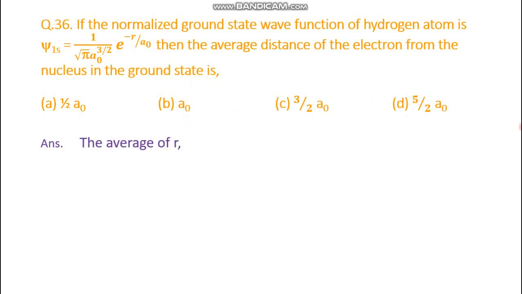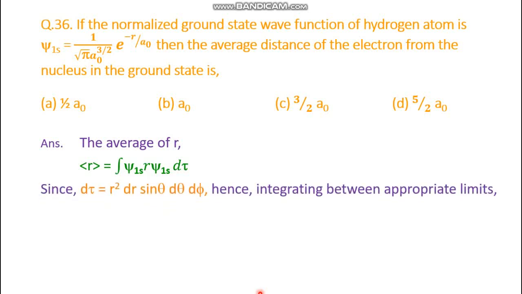The average of r, according to the fourth postulate of quantum mechanics, is the integration of psi r psi d tau. Here psi is psi of 1s, so psi 1s, r, psi 1s, d tau. And this d tau, if converted into polar coordinates, can be written as r squared dr sine theta d theta d phi.